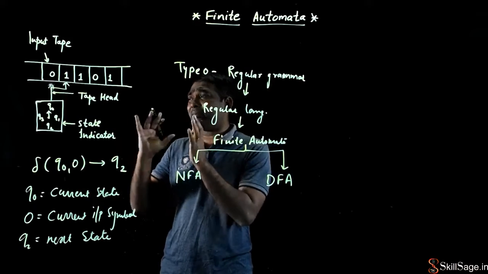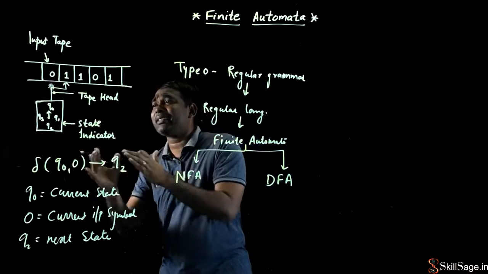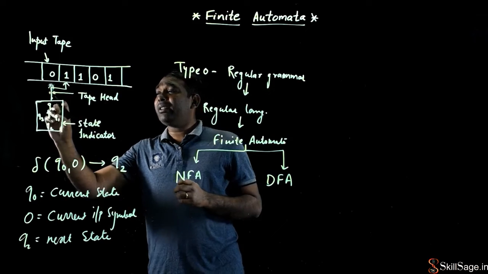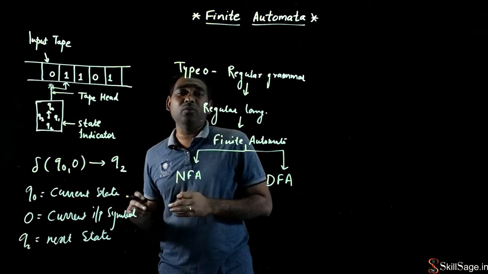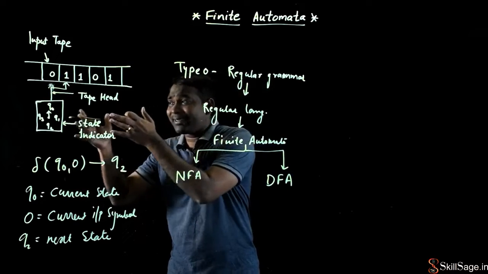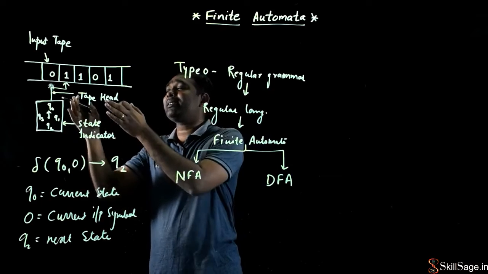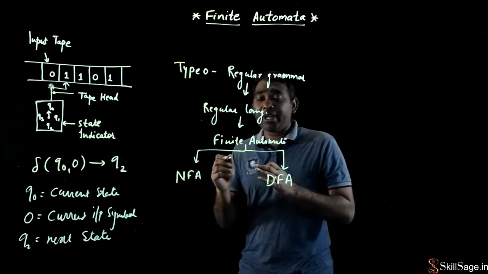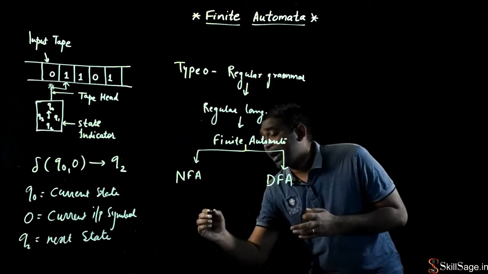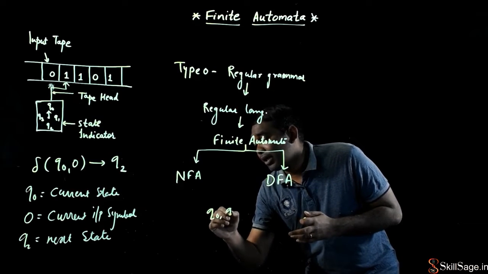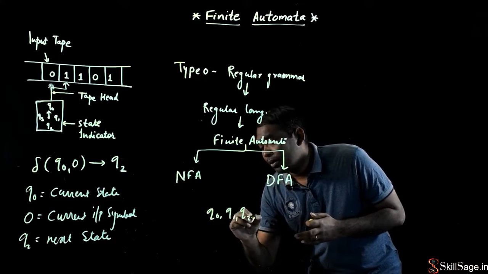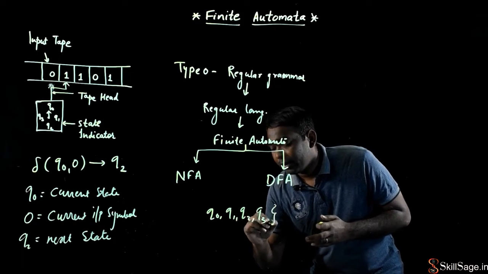Here we have got some idea of what the various states are, right? So we have Q0, Q1, Q2 and Q3. What are those? These are my states, right? So I'll say that this is my set of states. Here, I have these 4 states, Q0, Q1, Q2 and Q3.